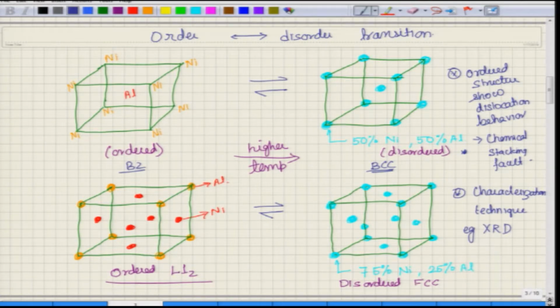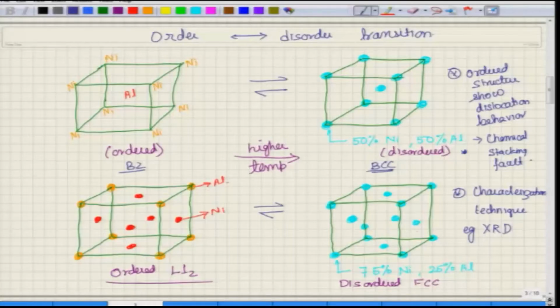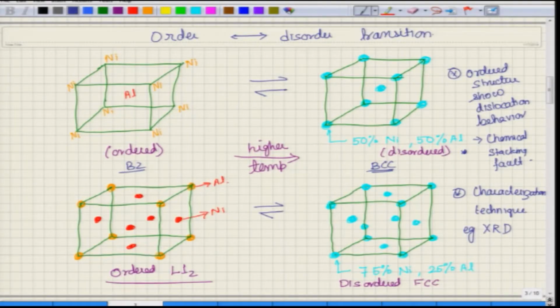So, they will have different structure factors contributing to the overall diffraction pattern, and here it will be just like an FCC system. In that sense they will give a completely different XRD peak profile. So, characterization techniques can indeed differentiate between these two.